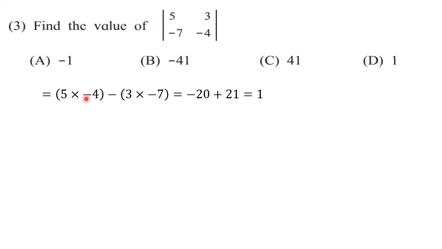So 5 into minus 4 is minus 20. And here you can see a minus sign outside and inside one more minus sign. So minus into minus is going to give you plus. So minus 20 plus 21. Your answer is what? 1. So the correct option here is D, which you can highlight or mark. Okay. So here the correct option is D.